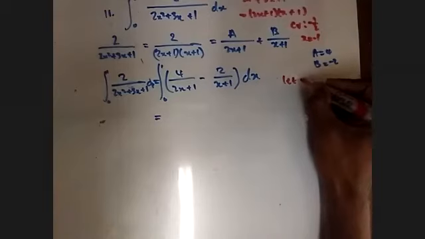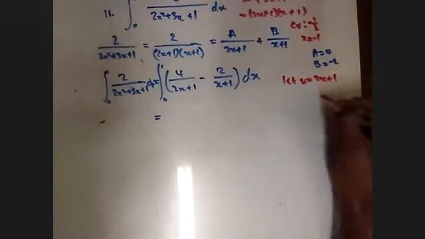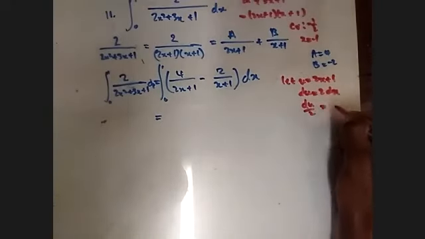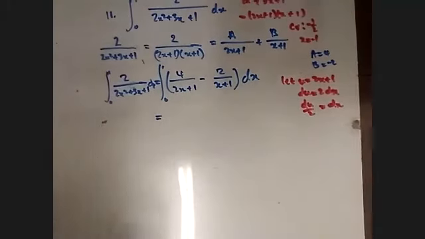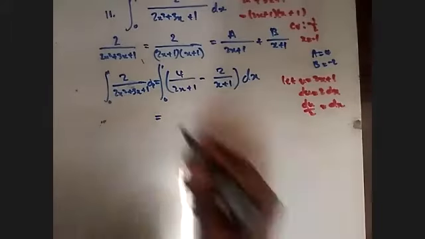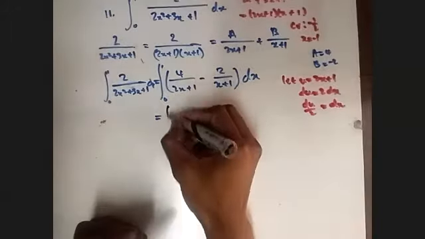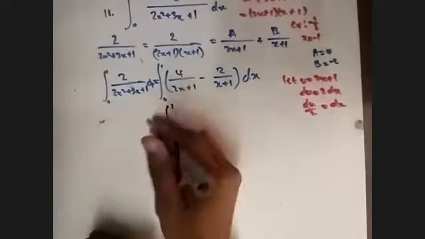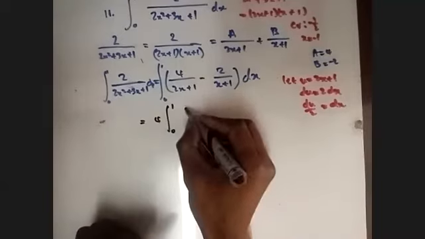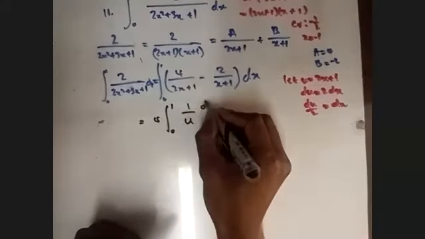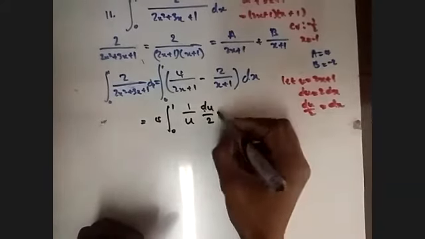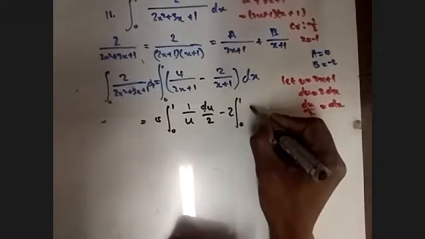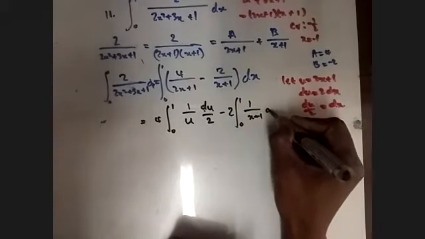So we let u be equal to 2x plus 1, du is equal to 2 dx, then du over 2 is equal to dx. Thus from 0 to 1, let me put the 4 outside here: 4 times 1 over u du over 2. And then minus 2 times the integral from 0 to 1 of 1 over x plus 1 dx.